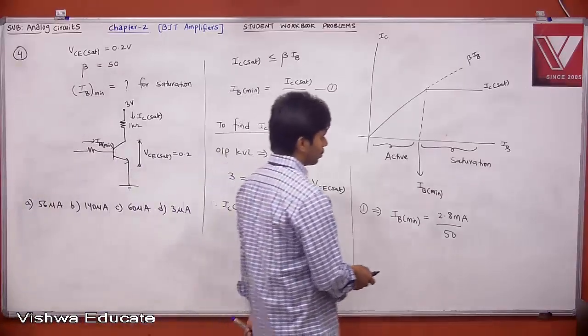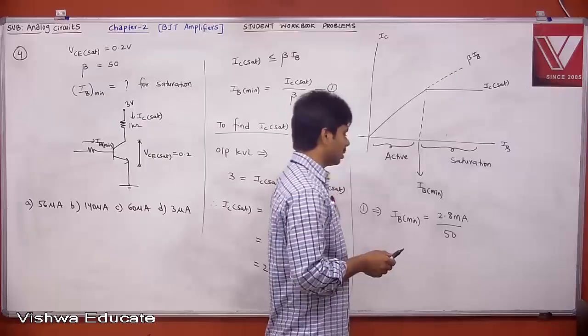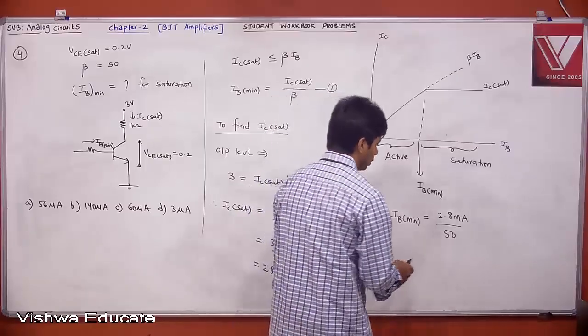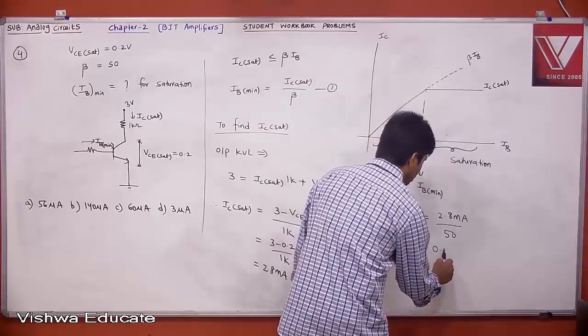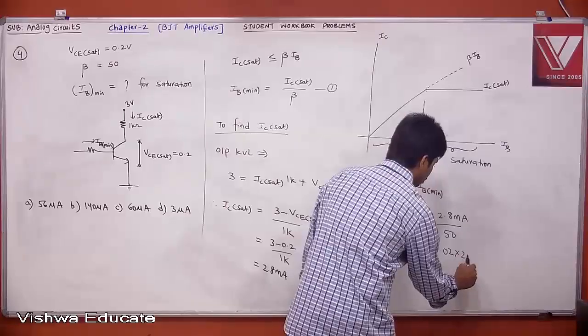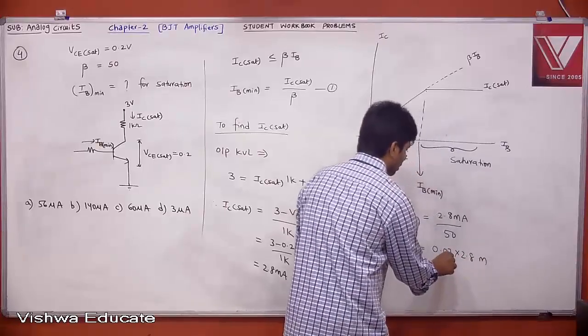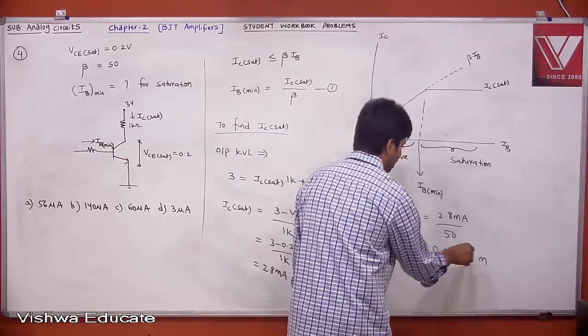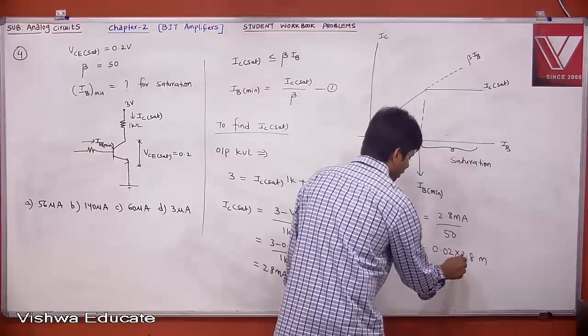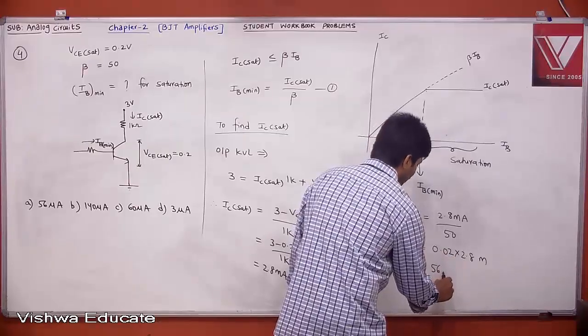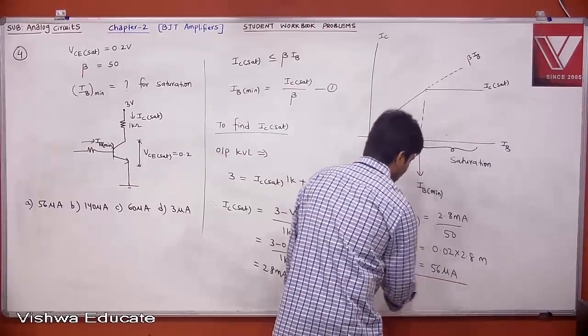Therefore 1 by 50 is nothing but 0.02. 0.02 into 2.8 milli is 20 into 2.8, which is nothing but 56 microampere.